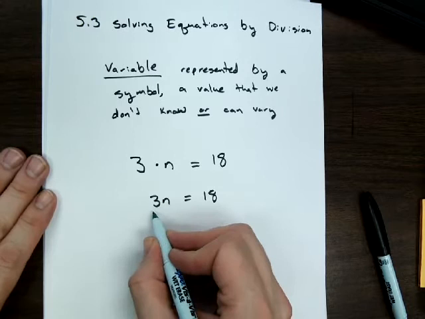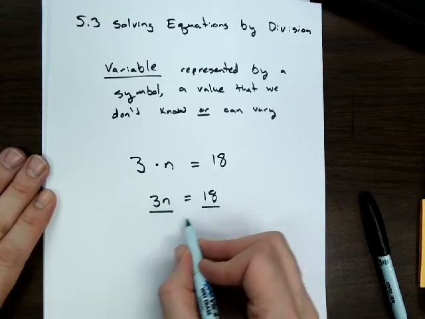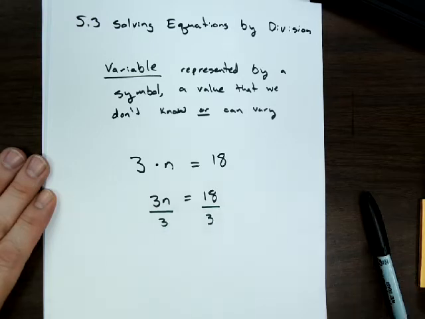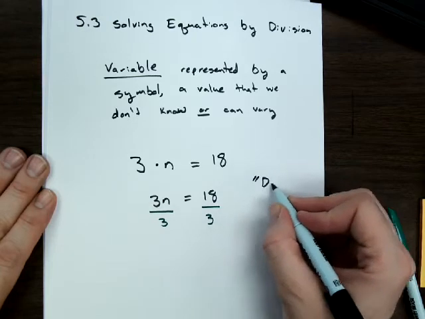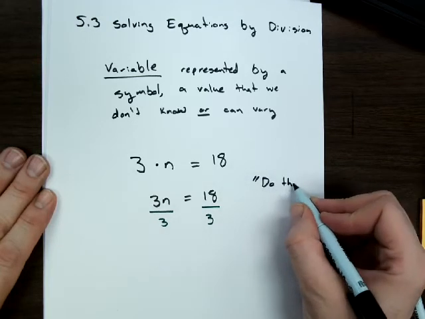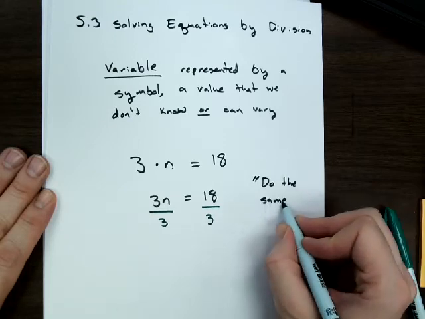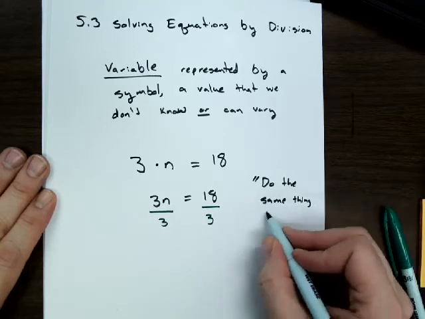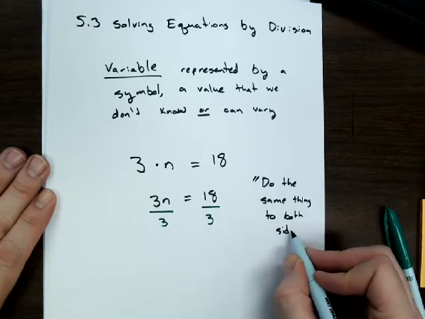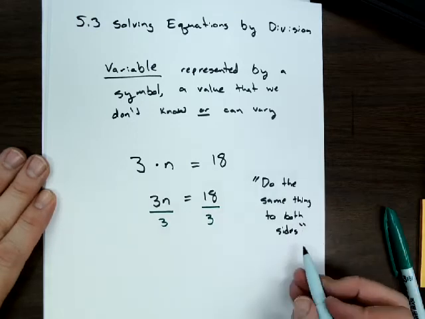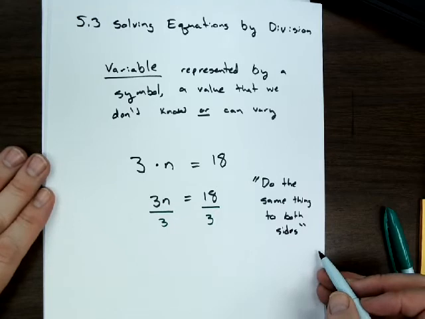As long as I do the same operation to both sides, what I'm doing is legal. This is basically a property of do the same thing to both sides, and it relates to a property of equations we call the equality property.